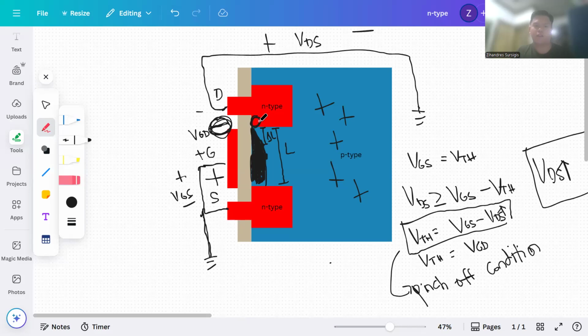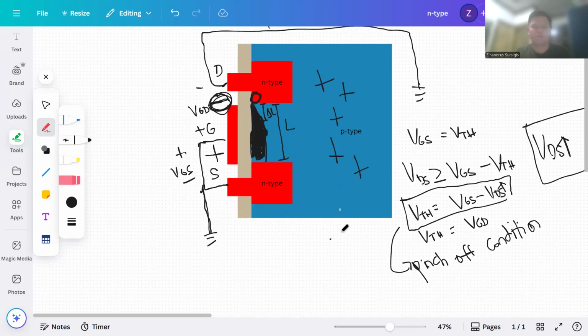The effect is that kahit napipinch off yung electrons dito sa area na to, near the drain, nasa-suck in or nata-transport ng electric field, nahahatak ng electric field yung mga electrons pa dun through that pinch off area. So, why is that?